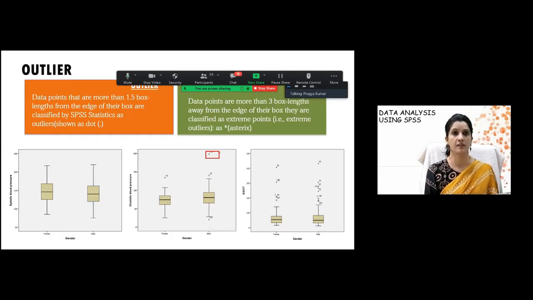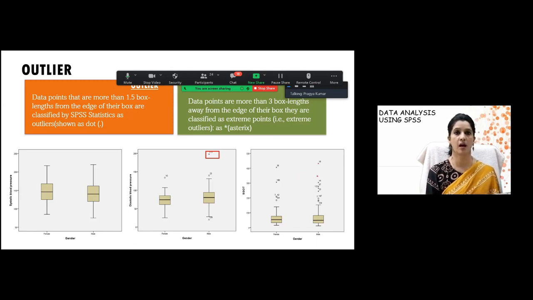And this 173, if you see, is a case number. It is not the value. So don't confuse the number here with the value. These 18, 23, 126 are the case ID or the serial number. These are not the values, right? So in the third graph, you can see there are many outliers.